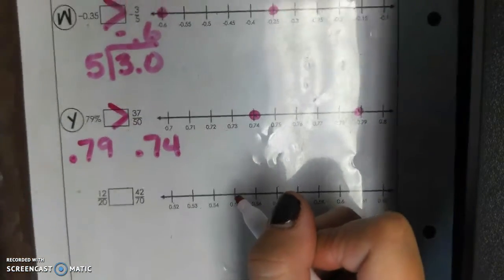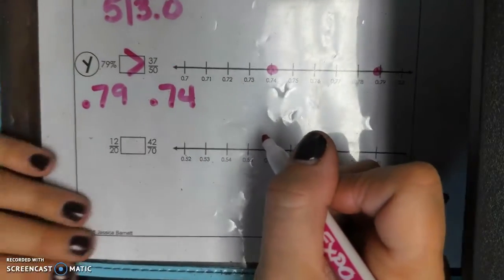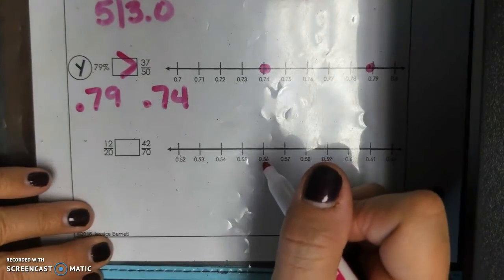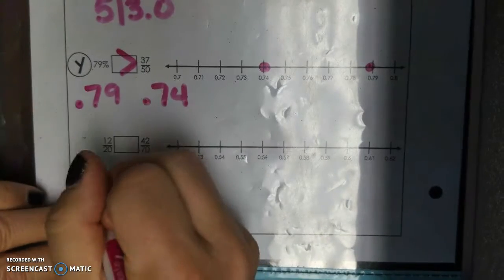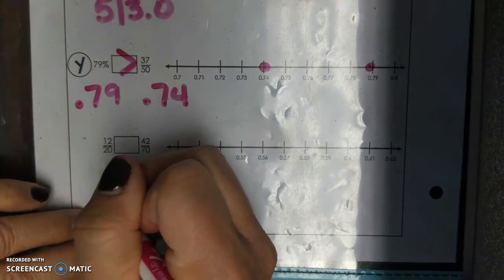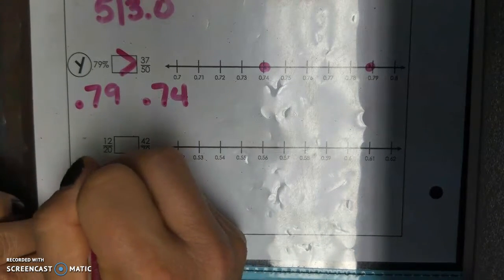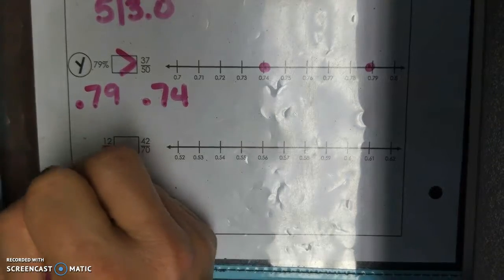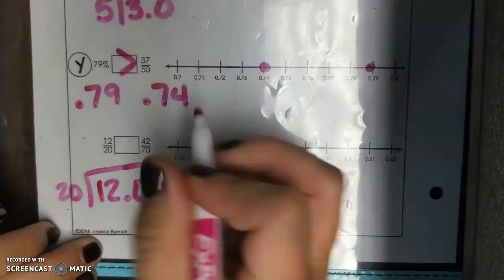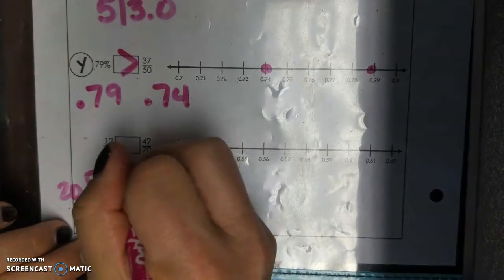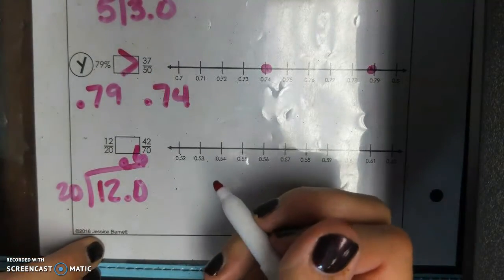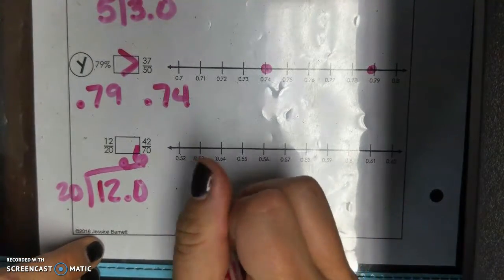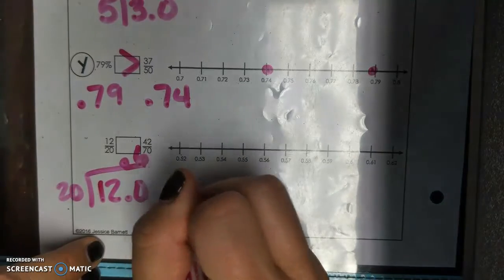All right. Last one on this page, we've got 12/20ths compared to 42/70ths. All right, divide these out. Okay, 12 goes into 20. I'm going to do the division, right with me. Add a decimal and a 0. 20 goes into 12 6 times. Okay, so 6/10. And then 42 divided by 70.